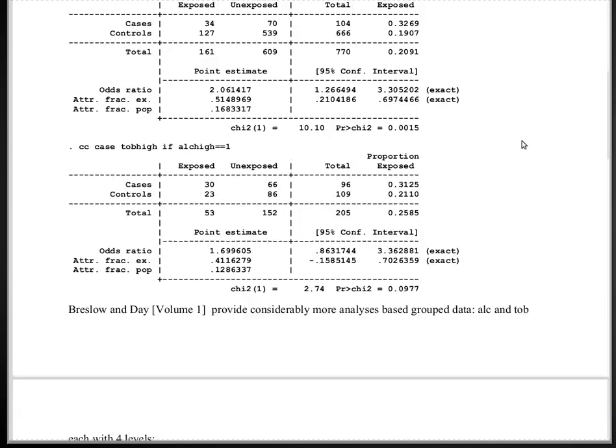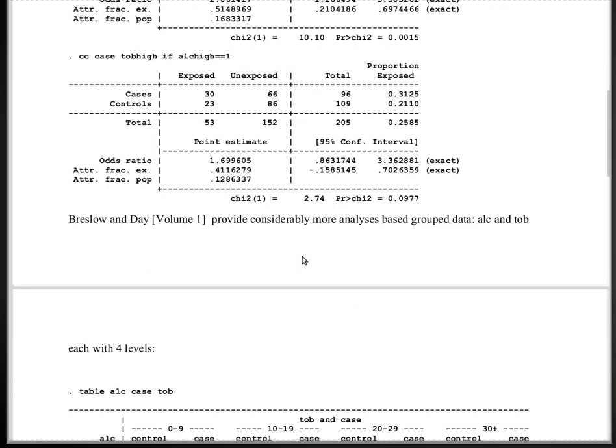Now, it turns out that Breslow and Day provide considerably more analysis than I'm offering here in the relationship between case control status and exposure with adjustment for a single explanatory variable.